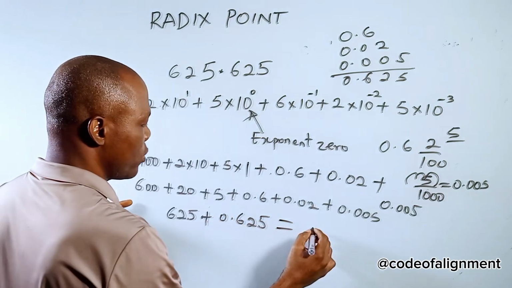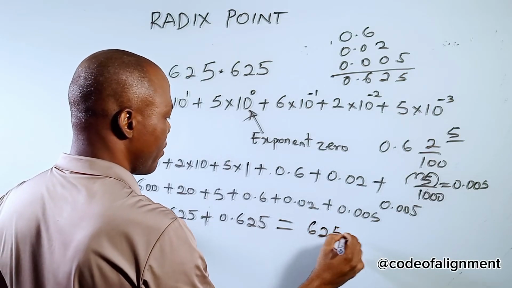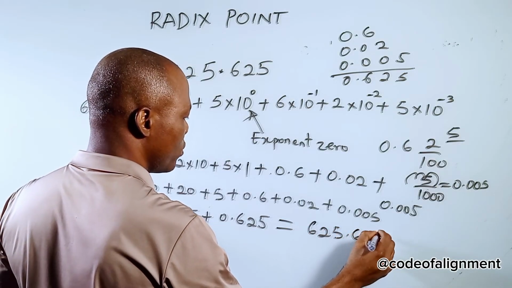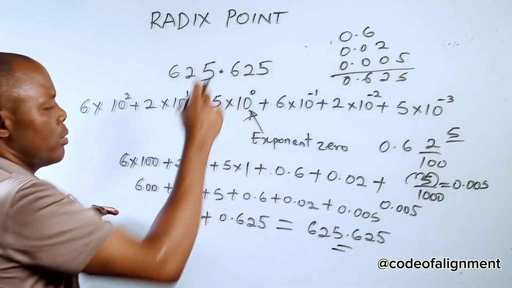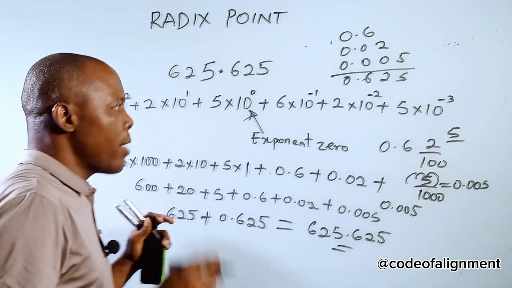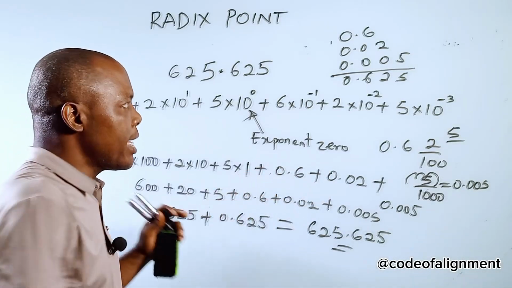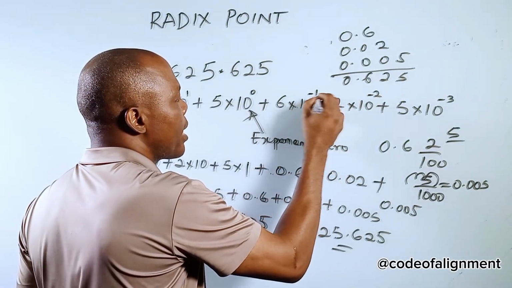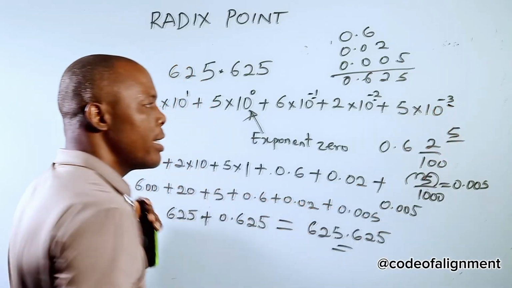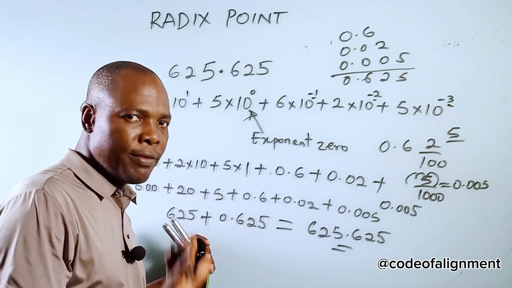And that will bring us back to 625.625, which is what we had before. Now, what I want you to observe in this is that this negative power does not mean negative number.